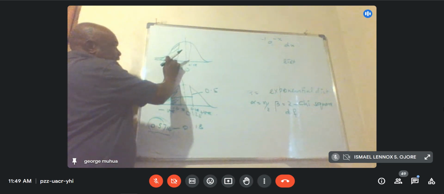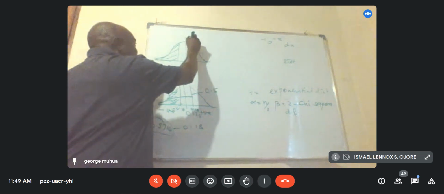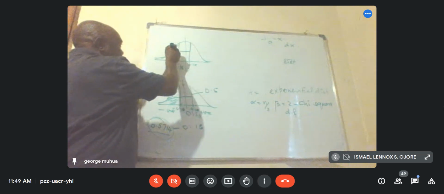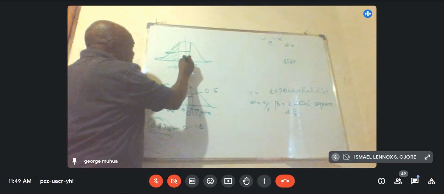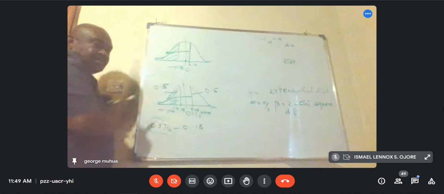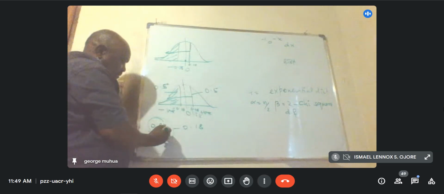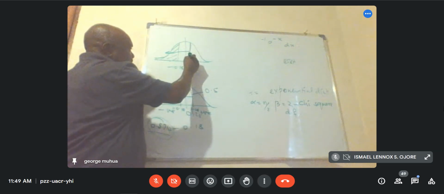Up to here is 0.5. Now, what we have is this one. Let me illustrate. I have this up to the end, but I have up to 0. I know it is 0.5. But now I'm going up to 0.5714, which takes me up to the end.